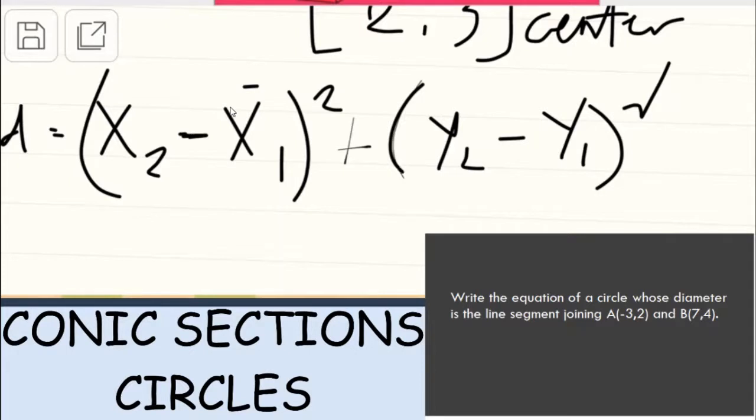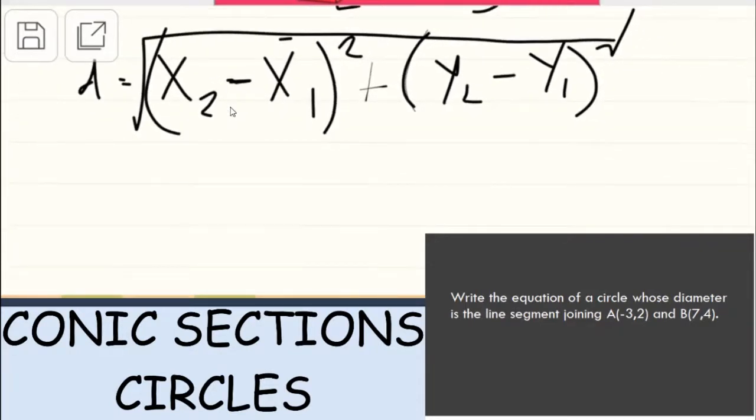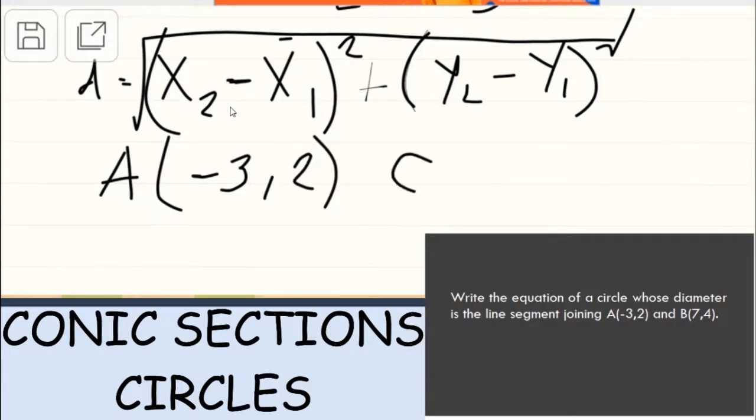We're going to square everything. And then ganun din, pa-plugin lang natin lahat ng coordinates. And that is, since we're going to use A, we have negative 3 and 2. And our center will be 2 and 3.